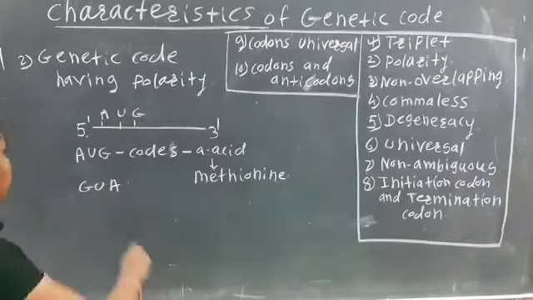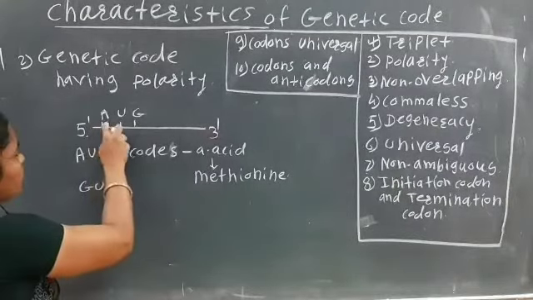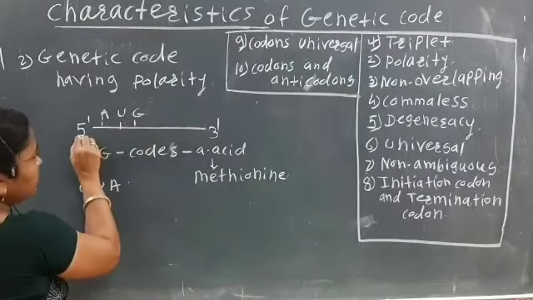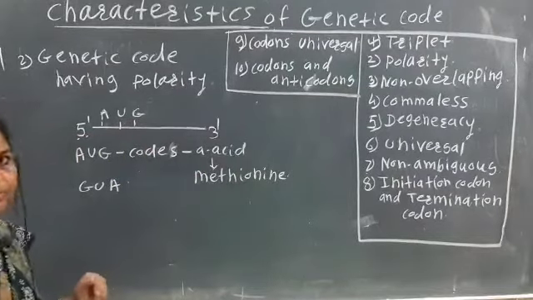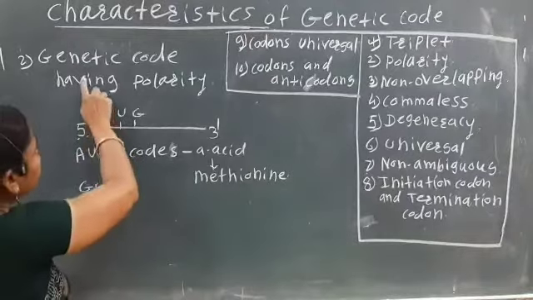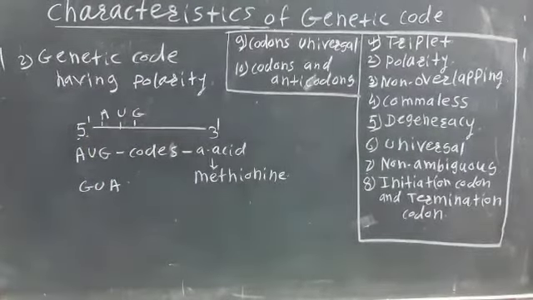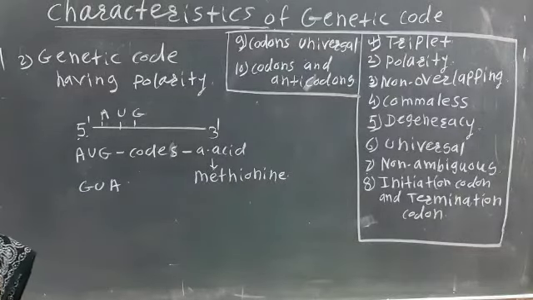So polarity means what? Here the first codon, second codon and third codon are always read from the 5' end to the 3' end. So the genetic code always has direction, from the 5' end to the 3' end.